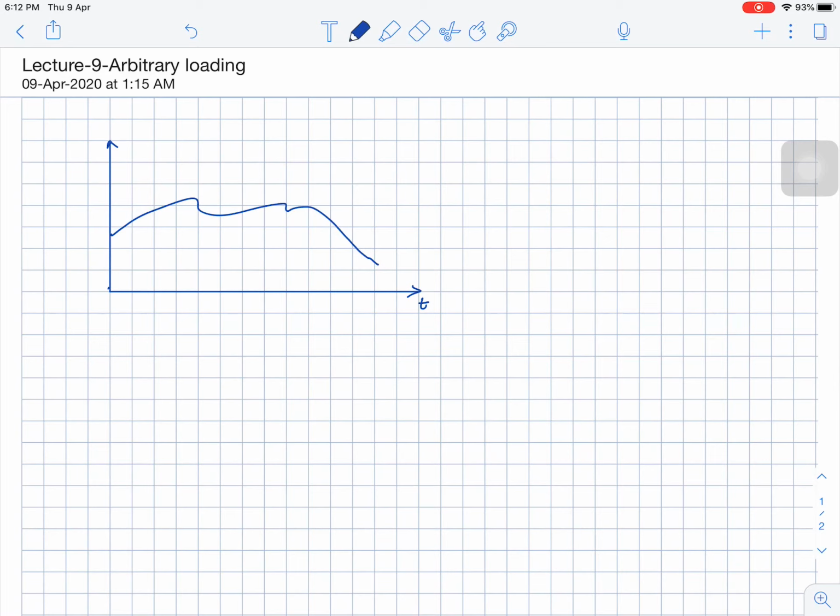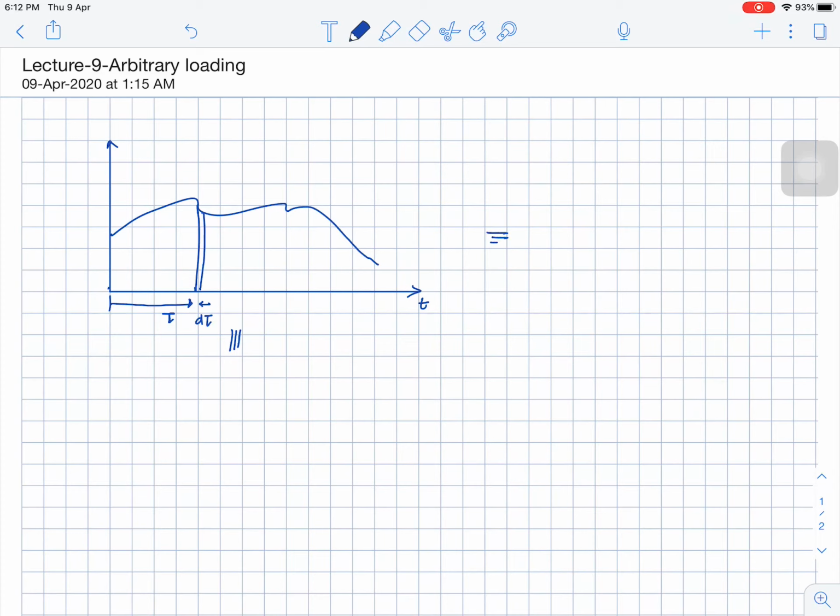What I am trying to do is take this forcing function and split it into small strips. The time at which we are taking the strip is tau, and the small time interval is d tau.